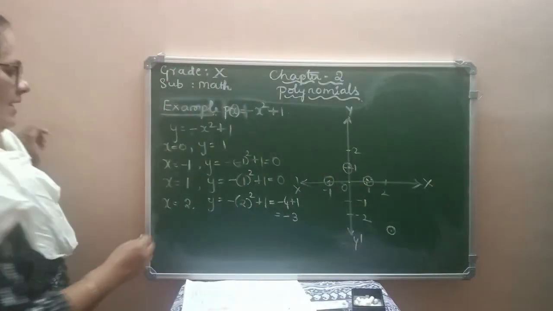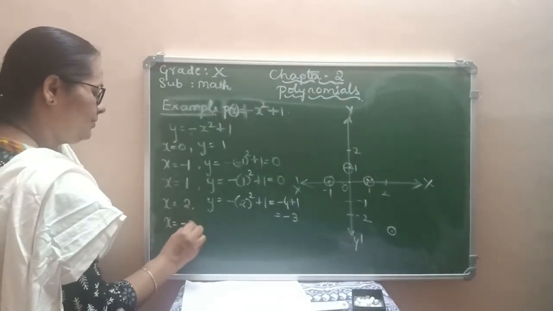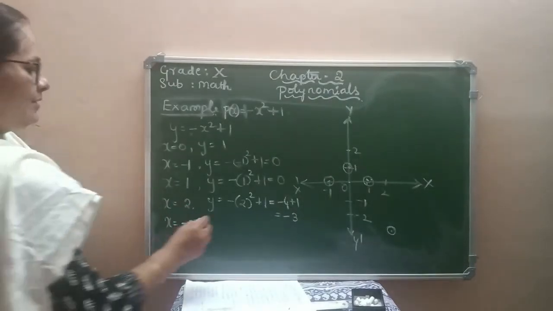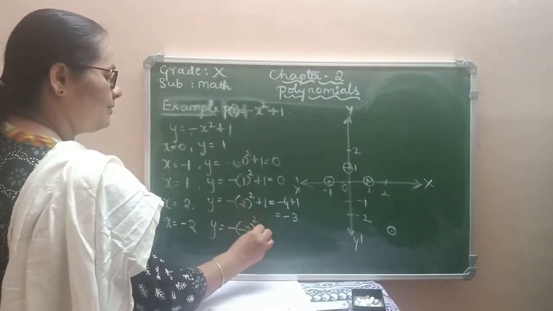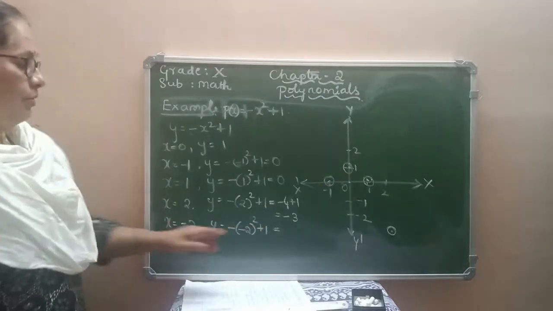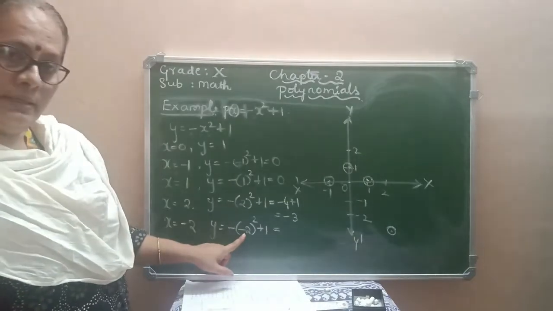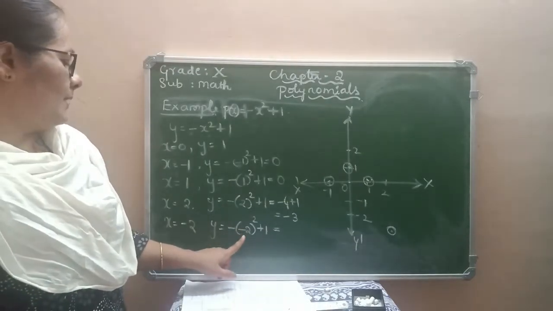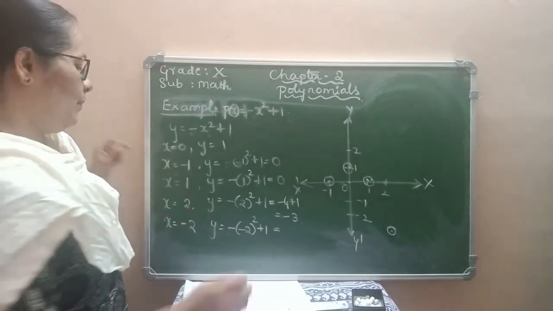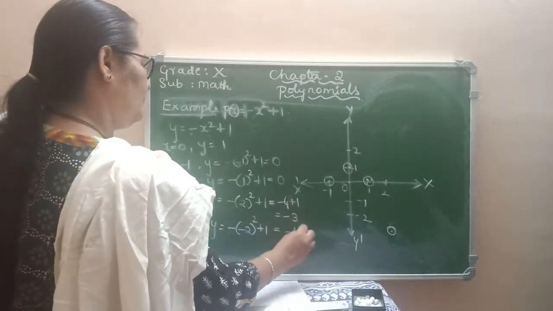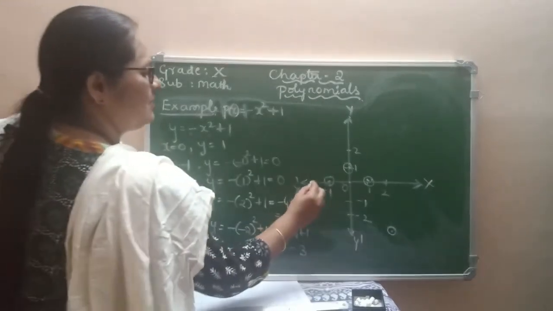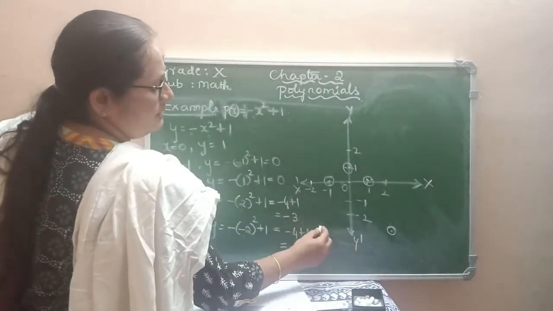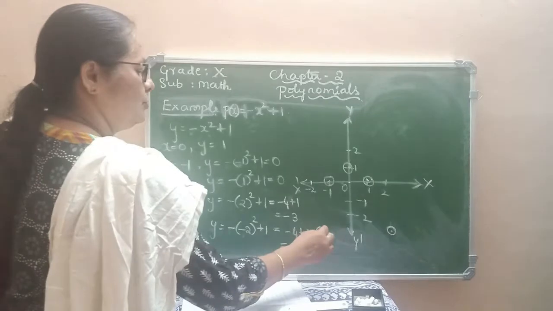Similarly, when x is minus 2, then y equals minus of minus 2 whole square plus 1. Minus 2 whole square is plus 4. So plus into minus, minus 4 plus 1, which is minus 3. So when x is minus 2, then it is minus 3. Now join these points.